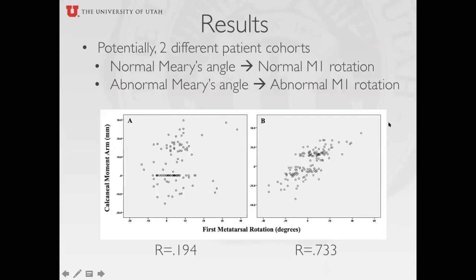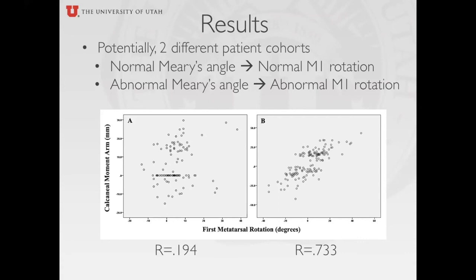So after we did a further subgroup analysis, we realized that within our hindfoot varus and valgus groups there are separate cohorts of patients. Basically, in the hindfoot valgus group, for example, there are patients that have a normal Meary's angle and normal first metatarsal rotation, as you can see in the graph on the bottom left.